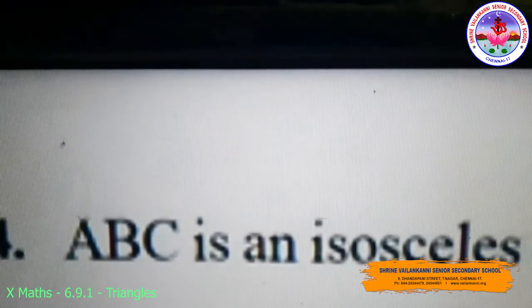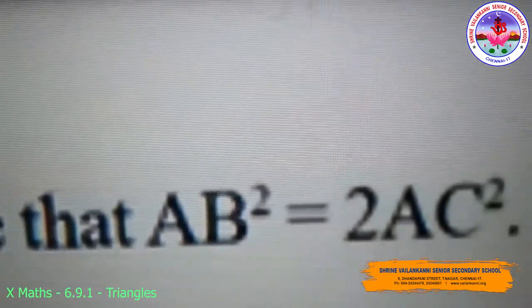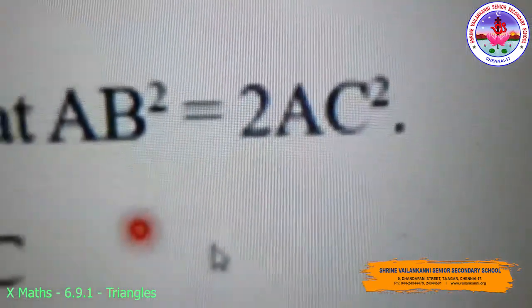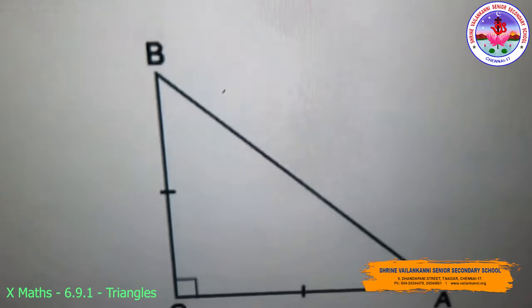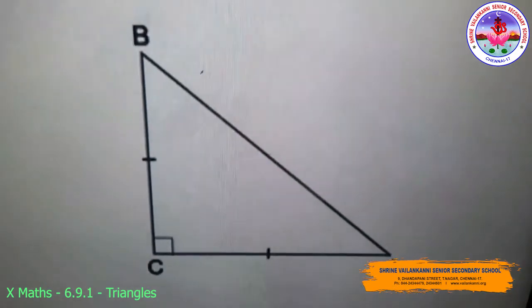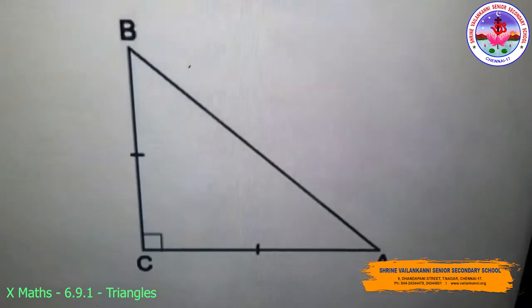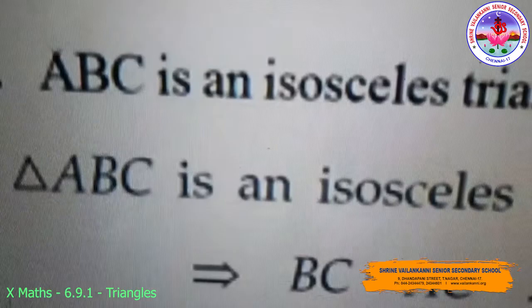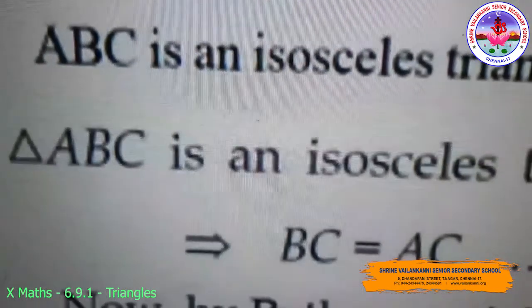Fourth problem. ABC is an isosceles triangle, right angled at C. Prove that AB squared is equal to 2AC squared. The figure is given, triangle ABC, which is an isosceles right angle triangle, right angled at C. Now coming to the solution.